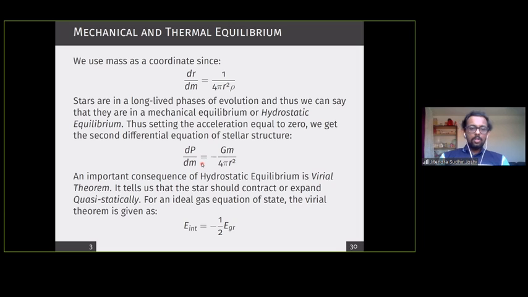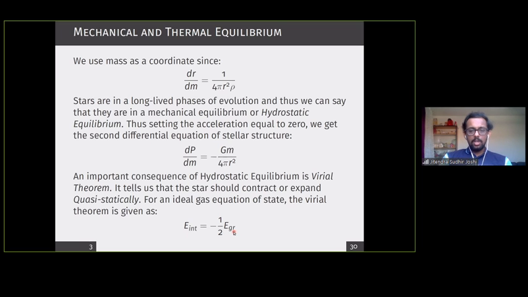And so one of the important equations that we get out of this is the virial theorem. The virial theorem is nothing but this equation for an ideal gas. It states that the internal energy of the star is equivalent to minus half of the gravitational energy.